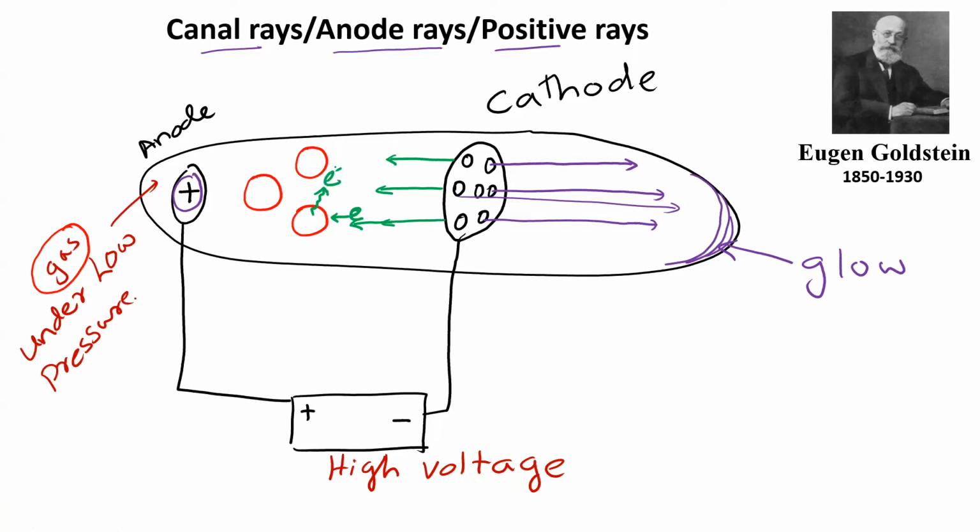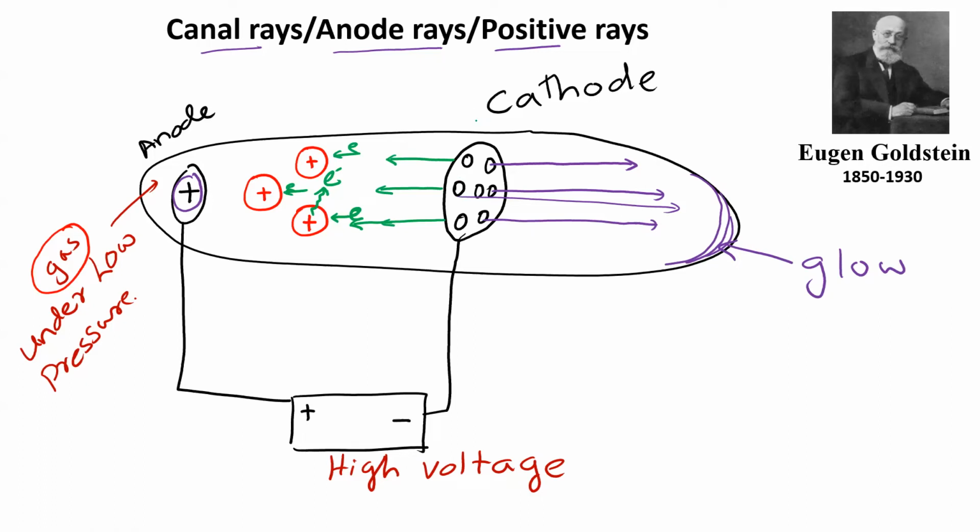So what does that result in? When the gas atom or the gas molecule loses an electron, the gas molecule becomes positively charged. Now all these gas molecules become positively charged when the cathode rays hit them. So when they become positively charged, what do you think happens?